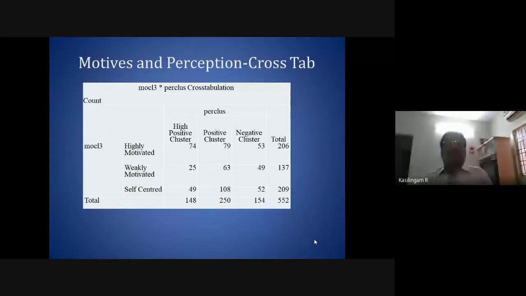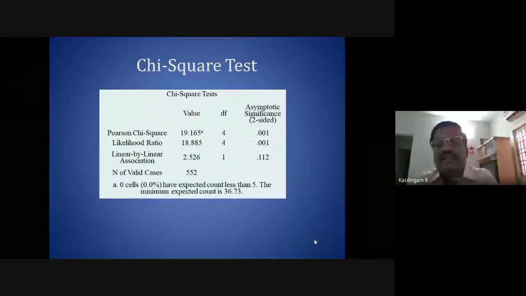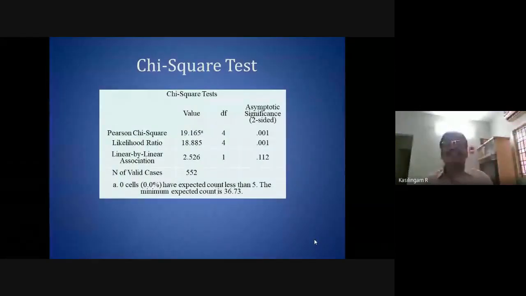Now this is the cross tabulation. First, from the cross tabulation I will get a chi-square test. From this chi-square test, I have to see the significance value. My significance value is 0.001, which is less than 0.05, which means the null hypothesis is rejected.